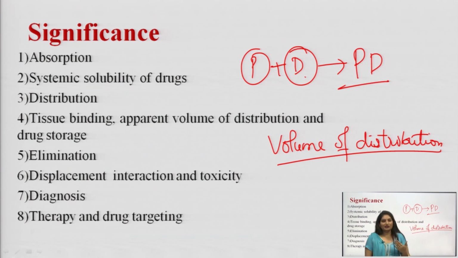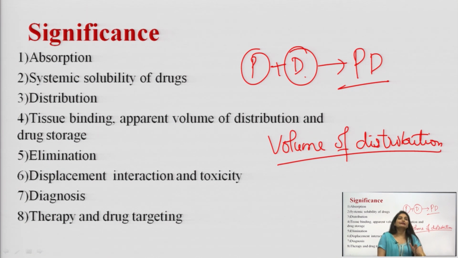Next is the elimination. Protein binding will decrease the renal excretion of the drug and enhance its biological life. Next is displacement interaction and toxicity. Displacement interaction means if a certain drug has more affinity as compared to the previous drug, then there can be displacement interaction.